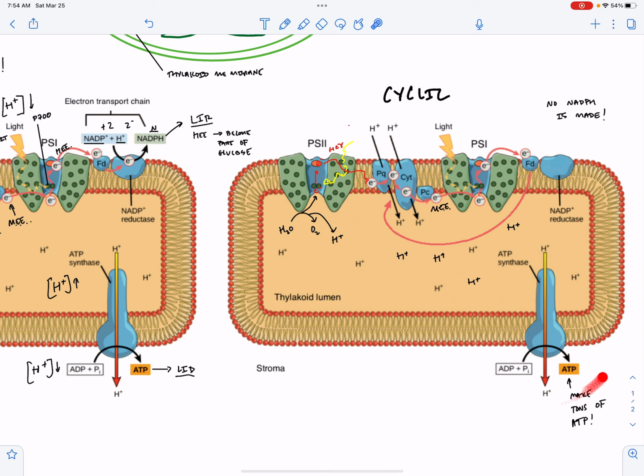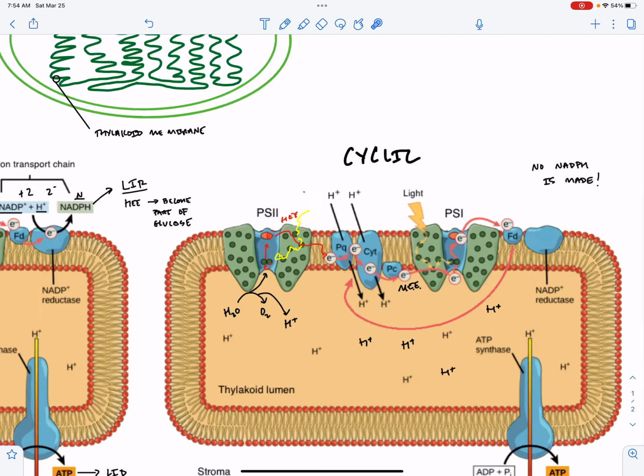Cells need ATP in order to function, but ATP is like cash, and it can be spent easily, but it's not easily saved. And so while this is good for a plant who needs to perform a lot of chemical reactions, it's not good for a plant who's trying to grow.